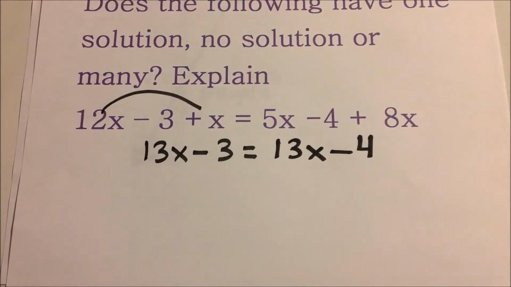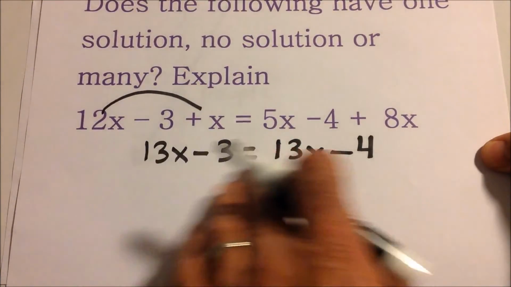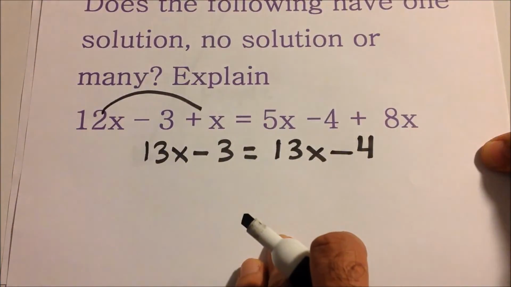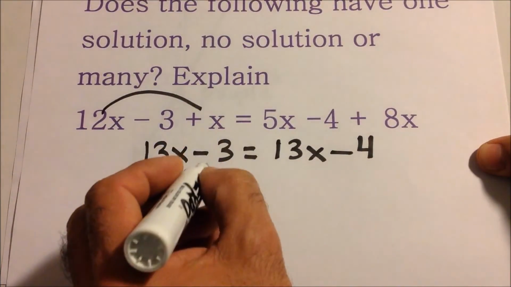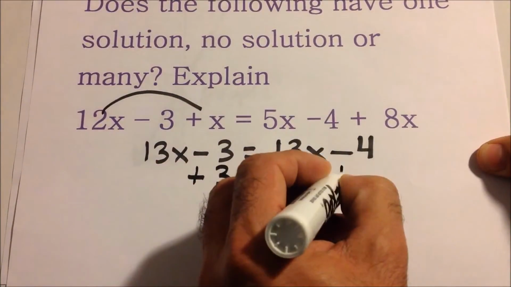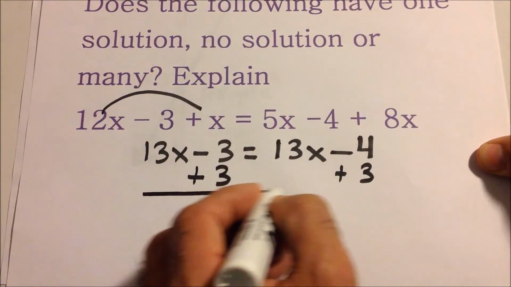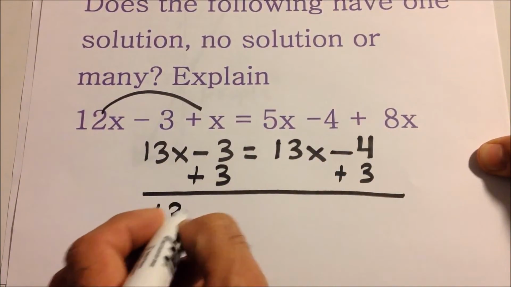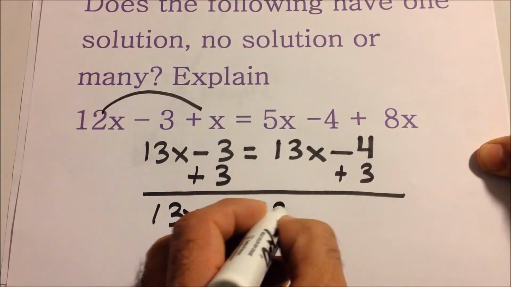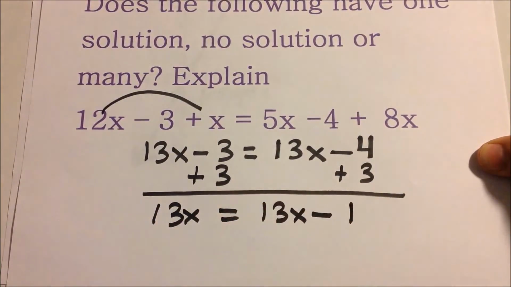Now, you could probably see right now there's a problem. But let's continue. If we want one of these x's alone, let's say I add the 3 on both sides. So we have a 13x now alone equals 13x minus 1.